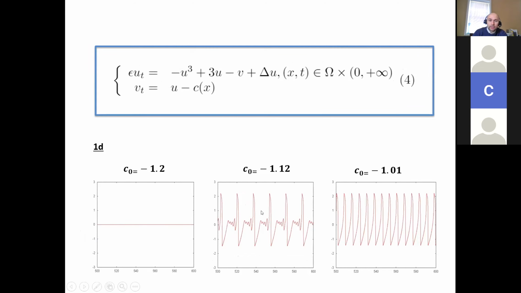And this is again for a fixed x, which is at the center of the domain, for example x equals 0. This is called mixed mode oscillations. All right.